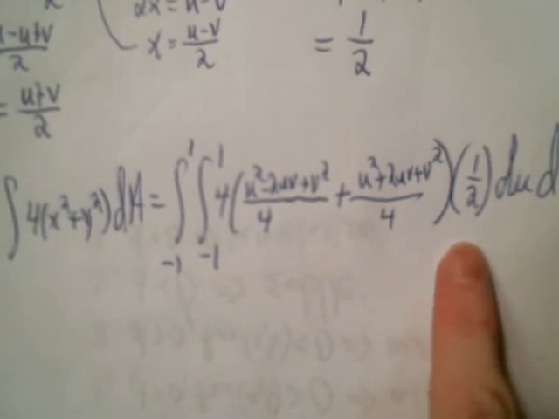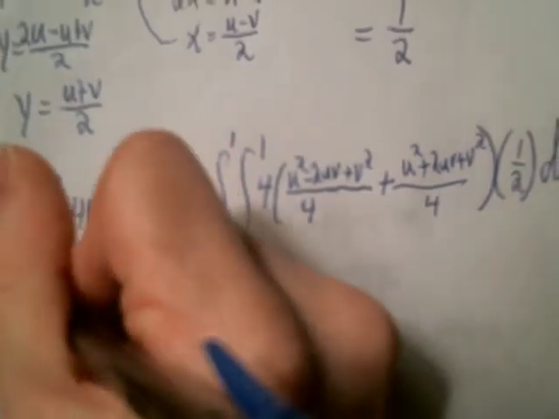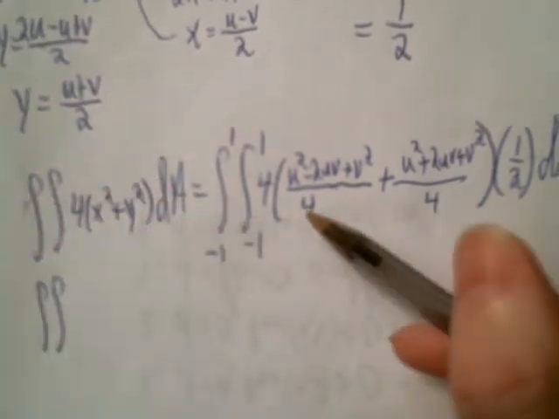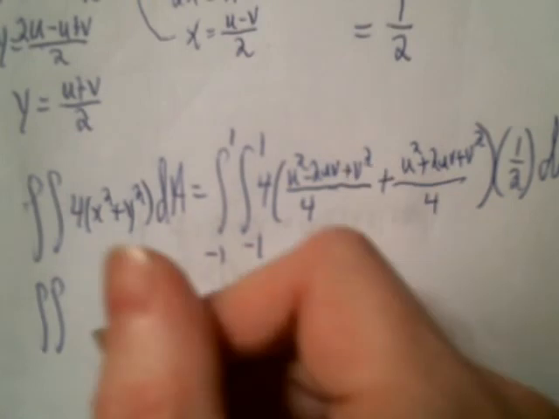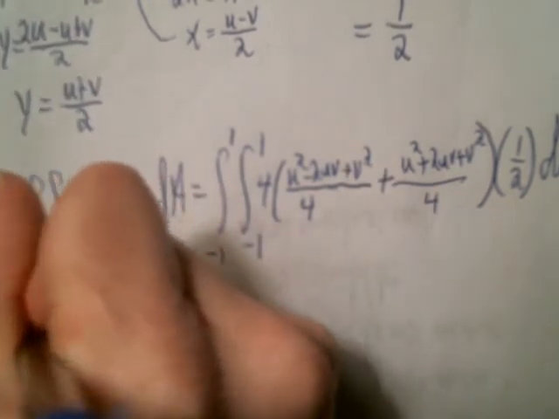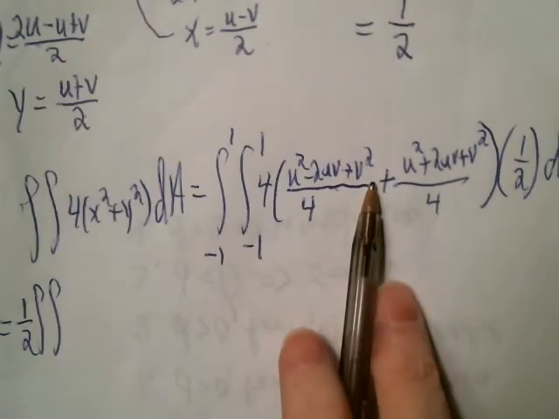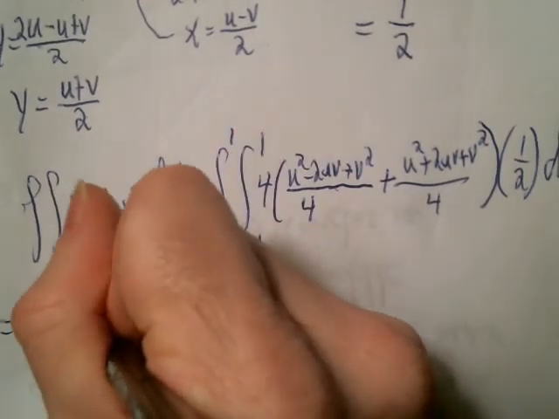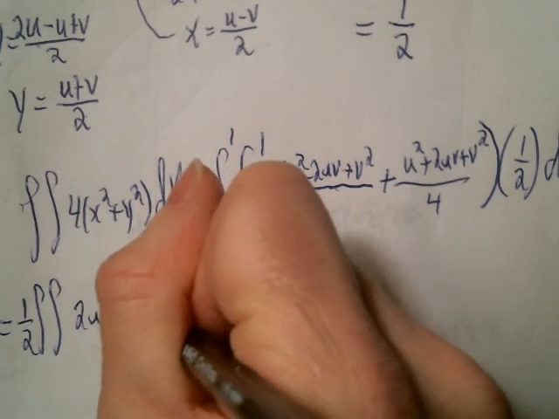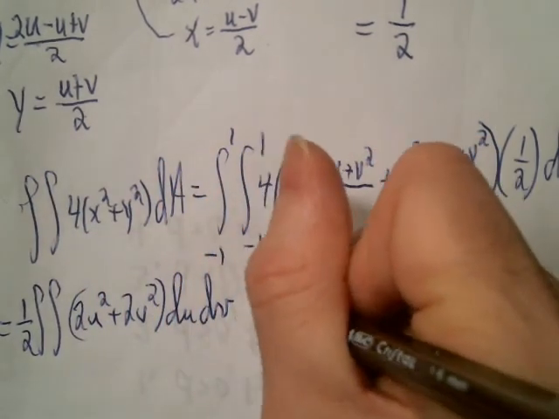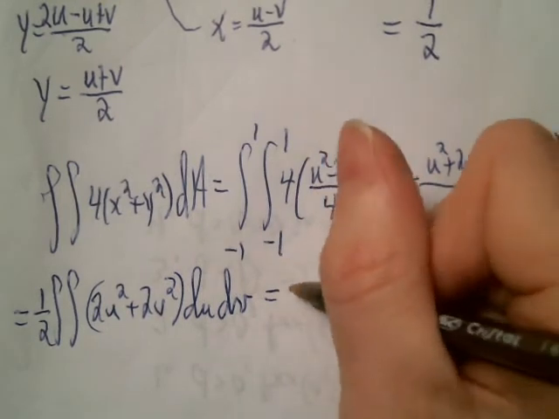Okay, now we need to clean this junk up. It looks painful, it's not though. So I have the double integral, the 4s will cancel out, and then I have a 1/2 I can pull out front. Combining the numerators here, you'll get 2u squared plus 2v squared. And then it's just turning the cranks.